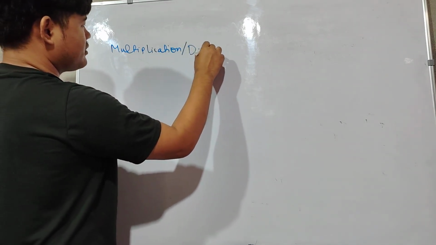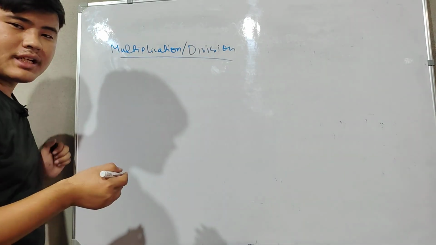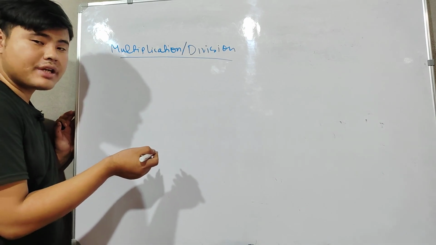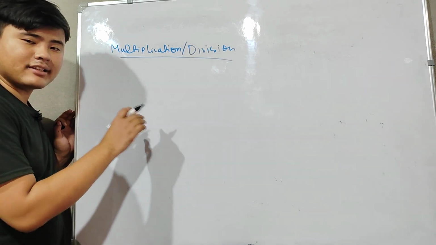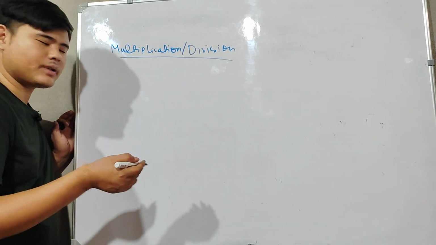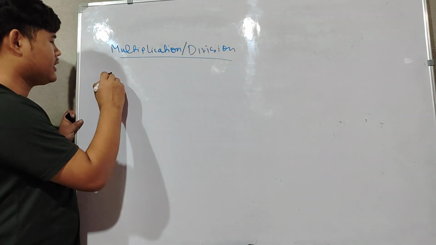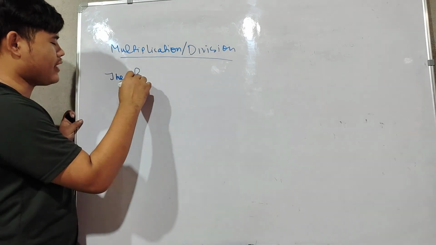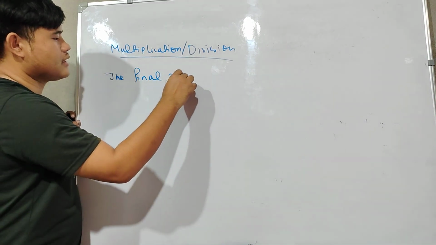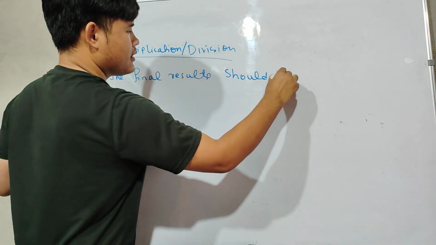When you do multiplication and division, the final result should have the same number of significant figures as the original number with the least significant figures.